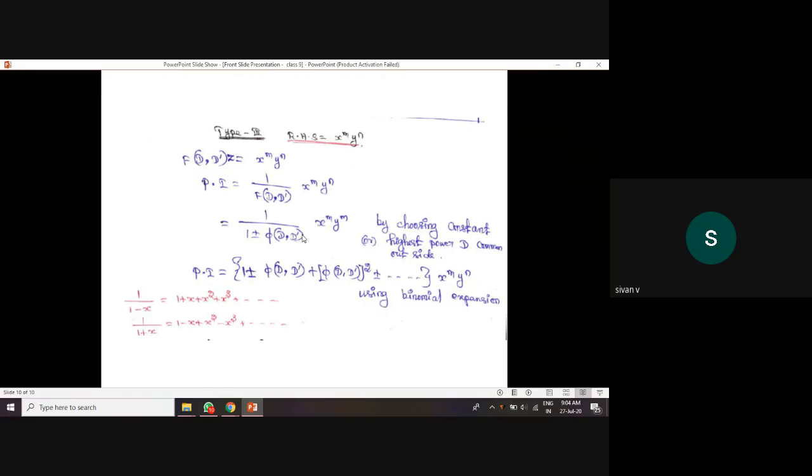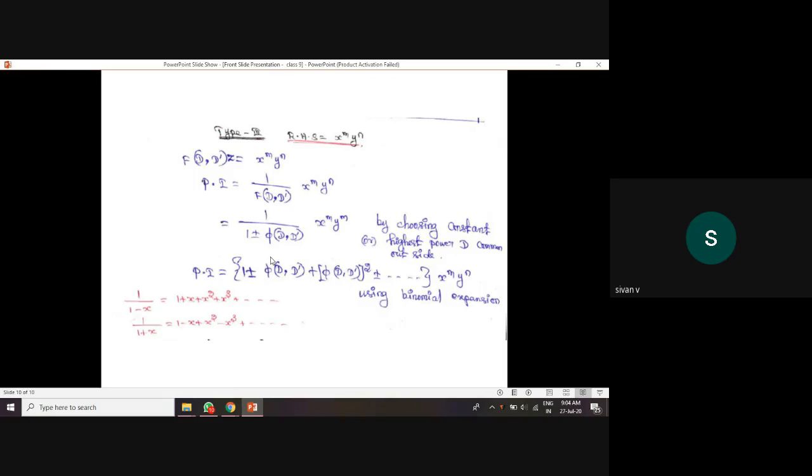Either the constant term outside or the higher power of D outside. We can take the higher power of D′ outside also. Any one, and that term will become 1. So we'll get either the 1 plus x form or the 1 minus x form, that is, 1 plus or minus φ(D, D′).